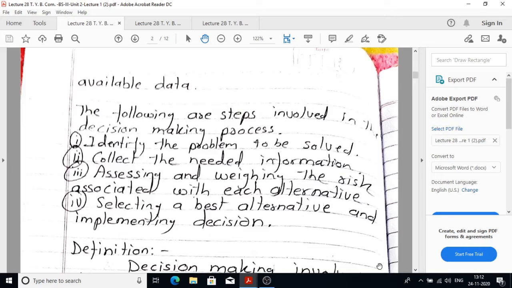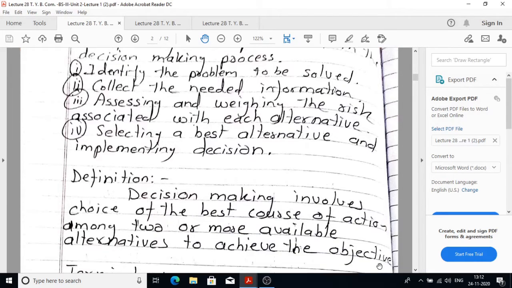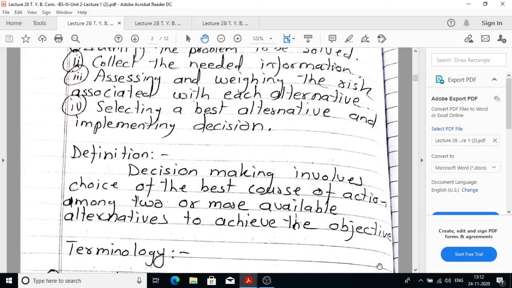Third, assess and weigh the risk associated with each alternative. And last, select the best alternative and implement the decision. So we will see the definition. Decision making involves choice of the best course of action among two or more available alternatives to achieve the objective.